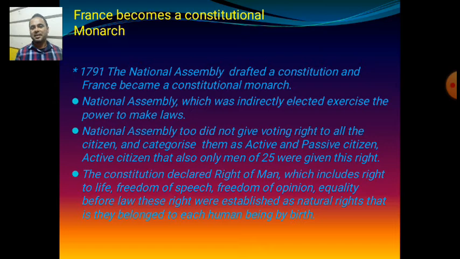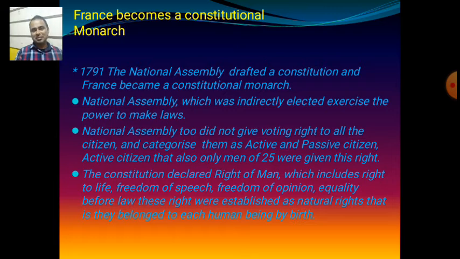Now, this assembly, which was indirectly elected, exercised the power to make law. They were not directly elected. They were indirectly elected, and they started to make laws for France. Now, the National Assembly too did not give voting rights to all the citizens.